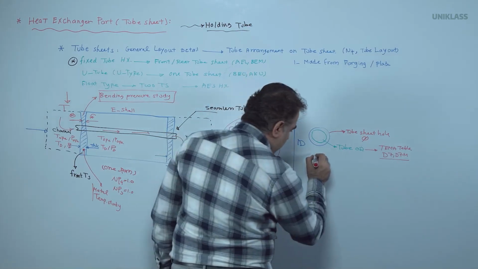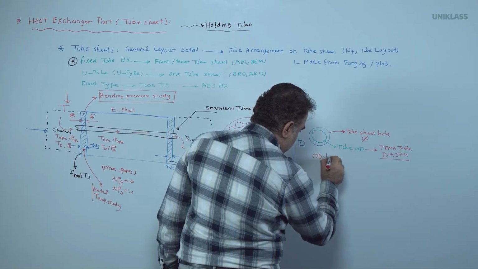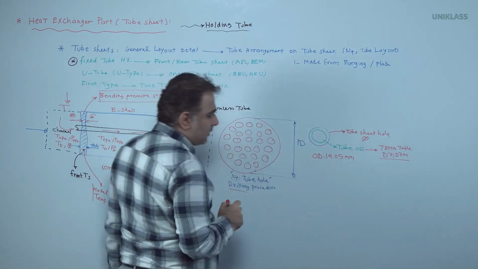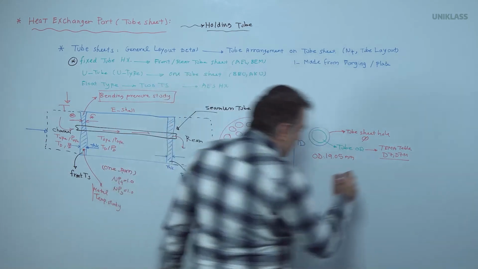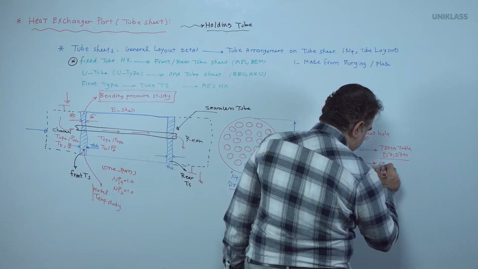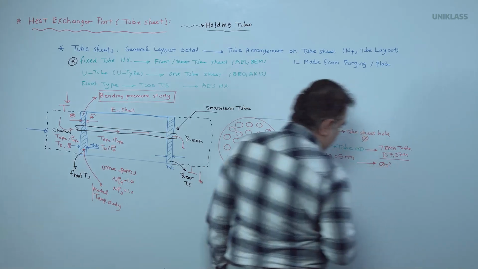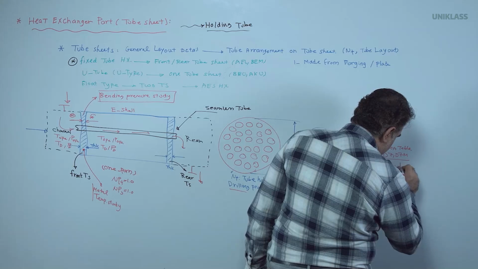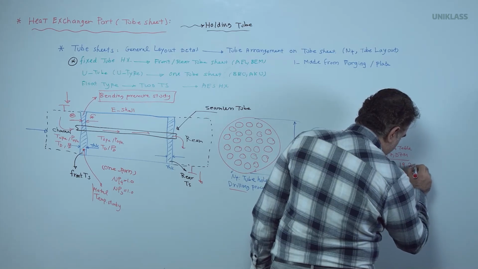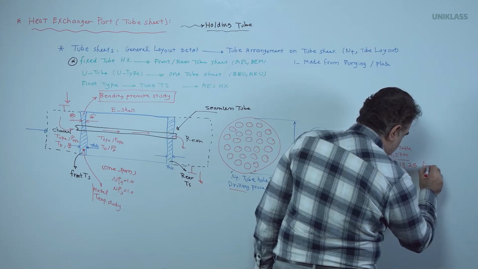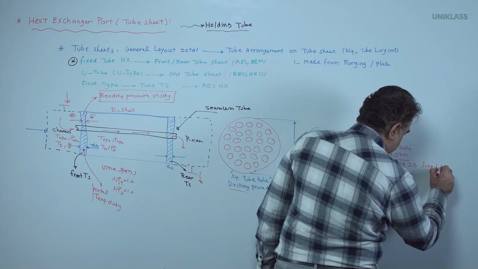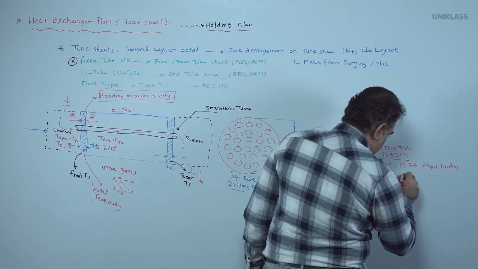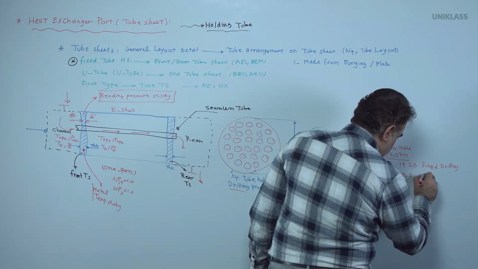For example, if you are using 19.05 as the OD of tubes, what is the hole of the tube sheet? What is the phi? The standard tells us the tube hole is 19.25 as a fixed drilling or 19.30 as a standard.